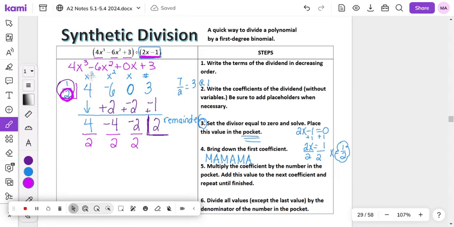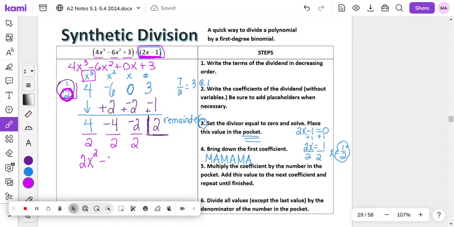So, because we started with x cubed, the quotient will be 1 degree less than that. So 4 divided by 2 is 2, and our lead term will be 2x squared. Okay, and again, that's because we started with a 3rd degree polynomial. We actually divided out an x, so we're left with 2x squared, and we go right down the line.